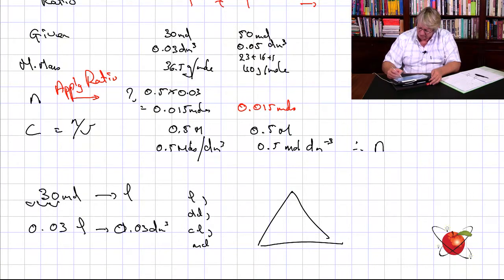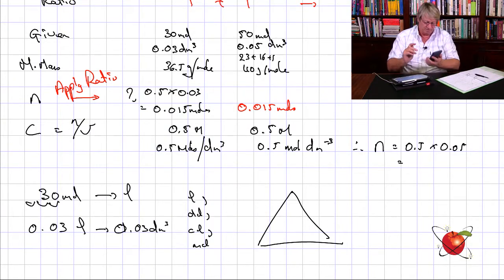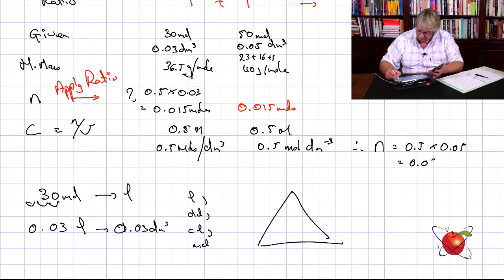Once again, we had 0.05 decimeters cubed. Therefore, the number of moles in my sample is 0.5 times 0.05, which is going to be equal to, I'll just check, 0.5 times 0.05 is going to be equal to 0.025 moles.